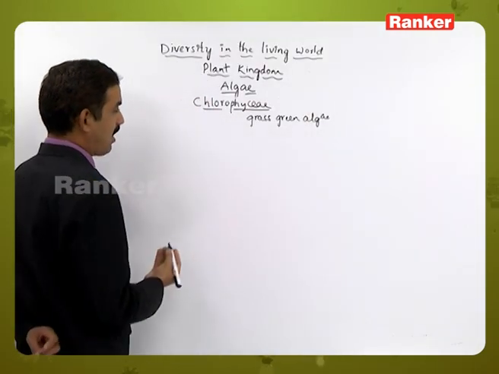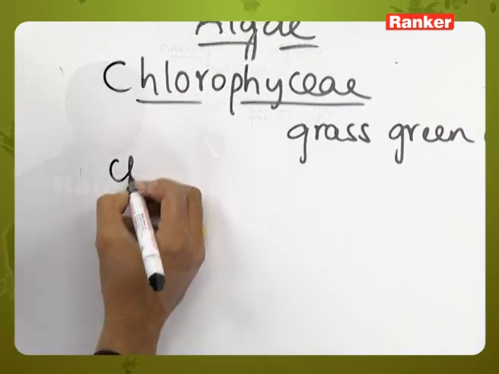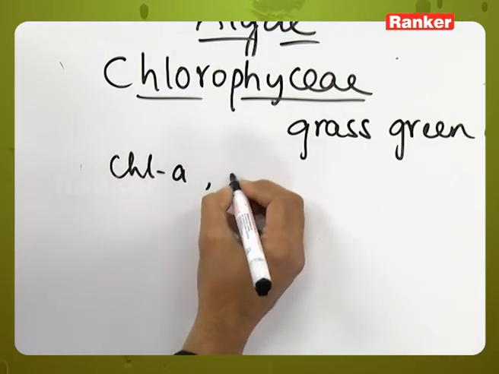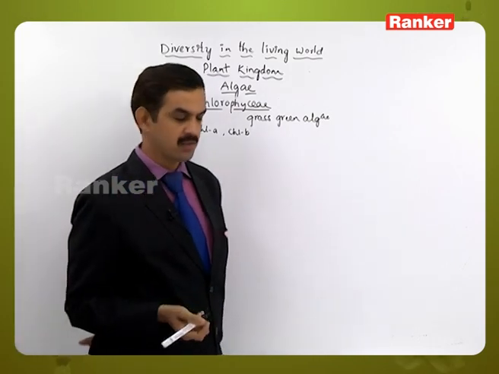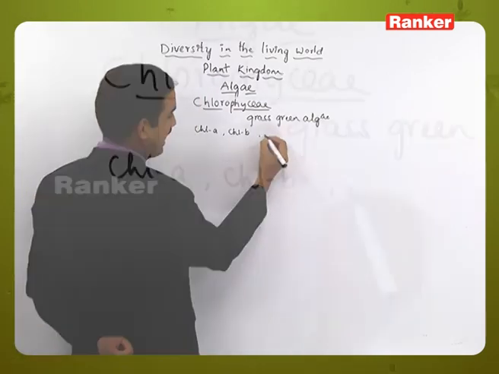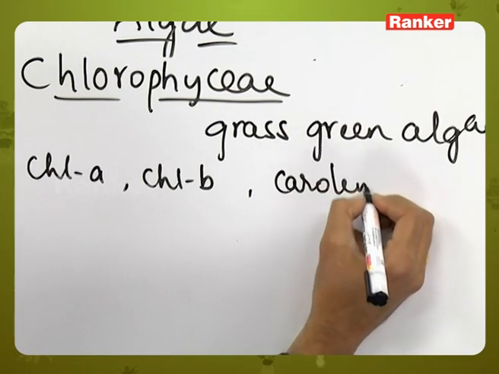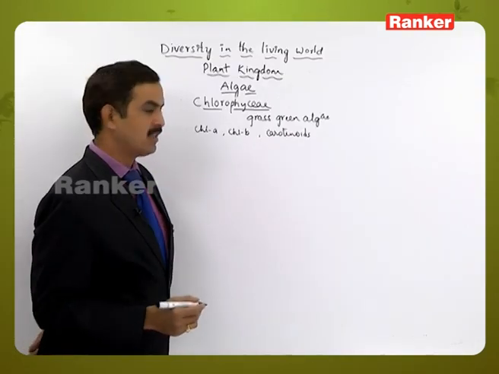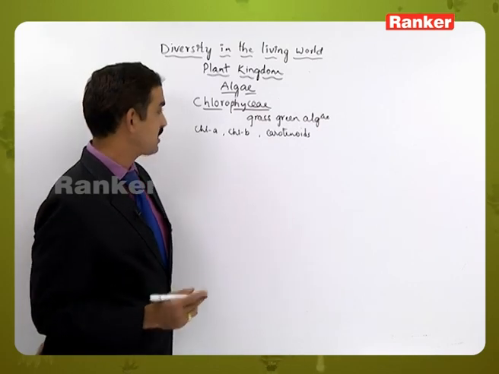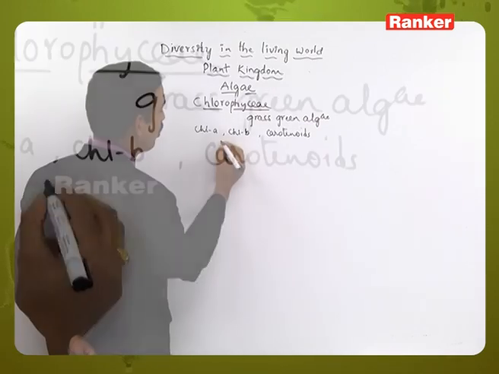These are the algae which contain chlorophyll A and chlorophyll B as chlorophyllous pigments. Apart from this, they have some carotenoids also. These chlorophyll pigments are present in chloroplasts.